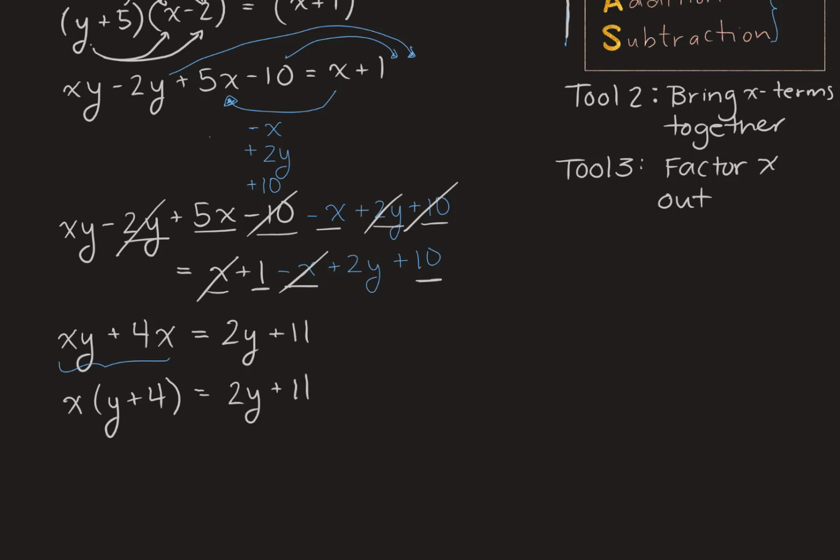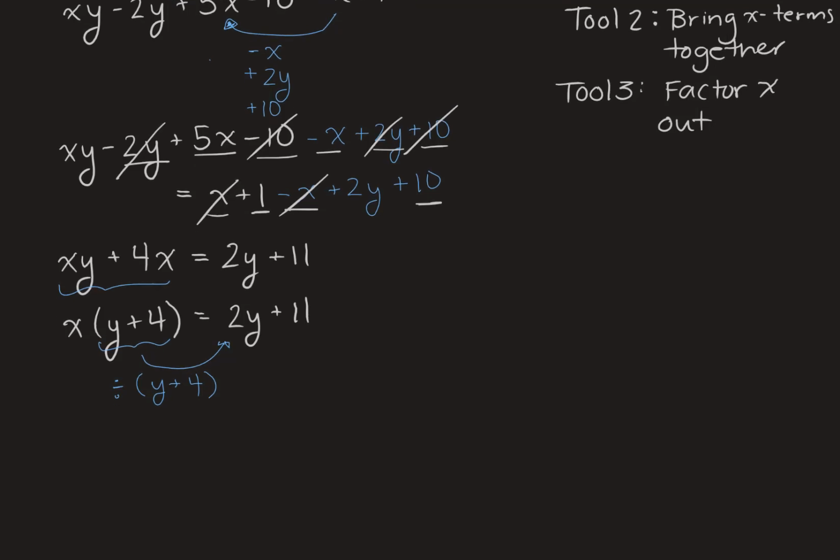And now to isolate x, I'm going to divide by y plus 4, because it's the opposite of multiplying by y plus 4. I'm going to divide by y plus 4 on both sides of the equation. I get x times (y plus 4) over (y plus 4) is equal to (2y plus 11) over (y plus 4).